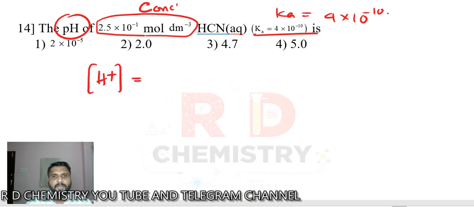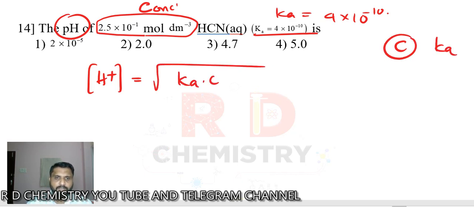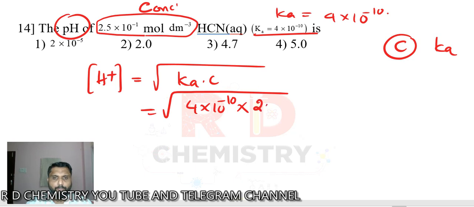There are different types of formula. Now in this case, C is given and Ka value is given. So there is one formula: square root of Ka into C. Ka is equal to 4 into 10 power minus 10, into C equal to 2.5 into 10 power minus 1.